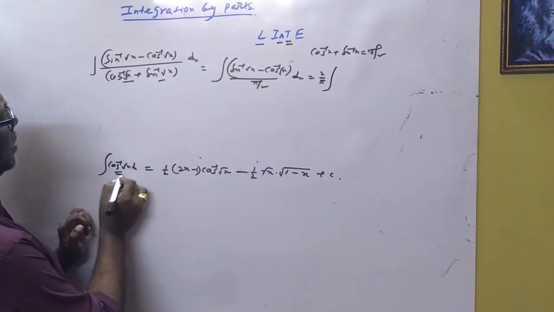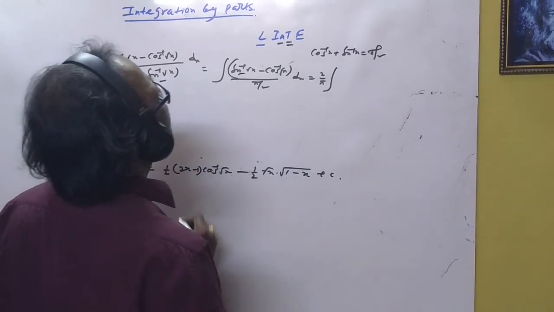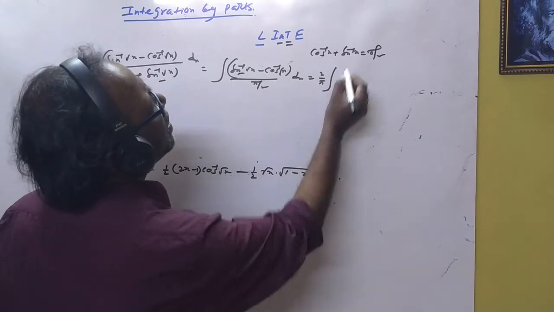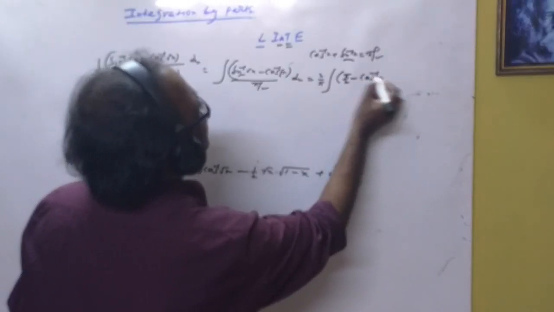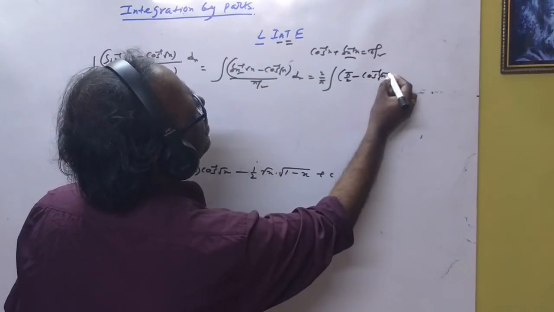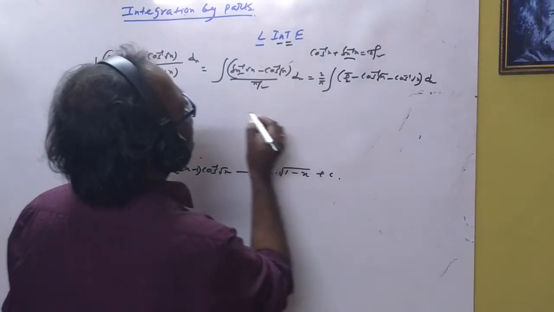Again, this is the cos inverse x. Use this formula for reformation. So that's why I want to repeat here sin inverse x is pi by 2 minus cos inverse x, and this is root x and cos inverse root x here, dx.